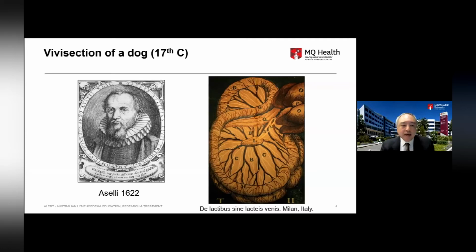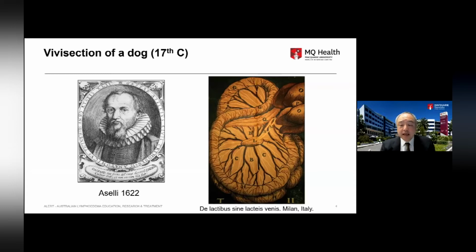But the technical advancement was achieved by Anton Nuck, a Romanian anatomist. He found that mercury could be a good material for demonstrating the lymphatic system. At that time, anatomists were using mercury for demonstrating the vascular system.